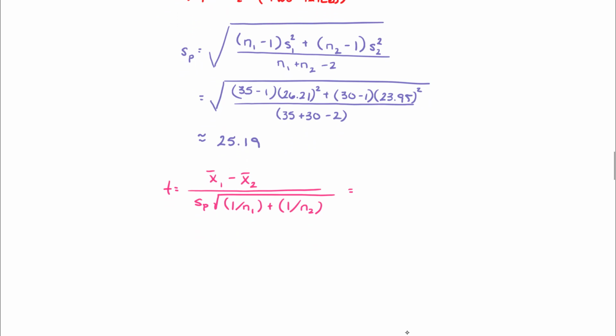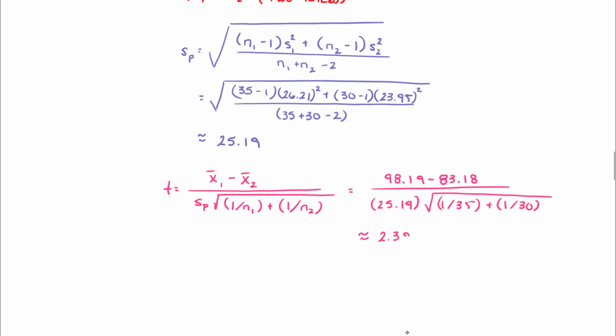So our X bar for the first sample is 98.19 minus X bar for the second sample 83.18, divided by our S sub P, which is 25.19. We calculated that in the previous step. Times the square root of 1 over 35 plus 1 over 30. And when we simplify this, we get 2.395. So here is the value for our test statistic. That's our value for T that we want to look at.